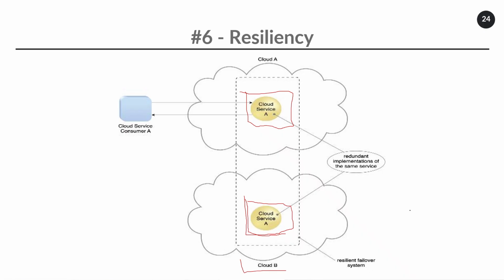Why do we have this configuration here? It's just to provide a failover in case Cloud Service A on Cloud A, let's say this one here, becomes unavailable. The process will be able to hand over the tasks from Cloud Service Consumer A to continue using Cloud Service A.